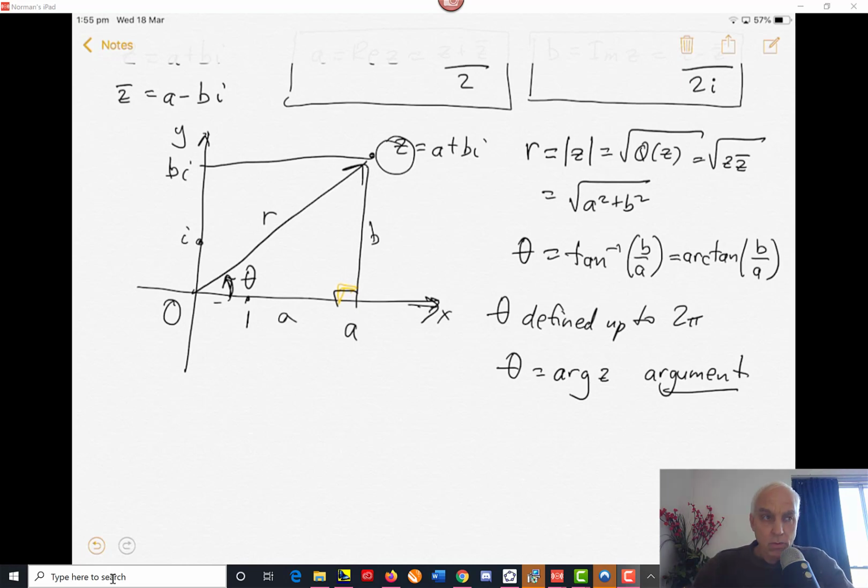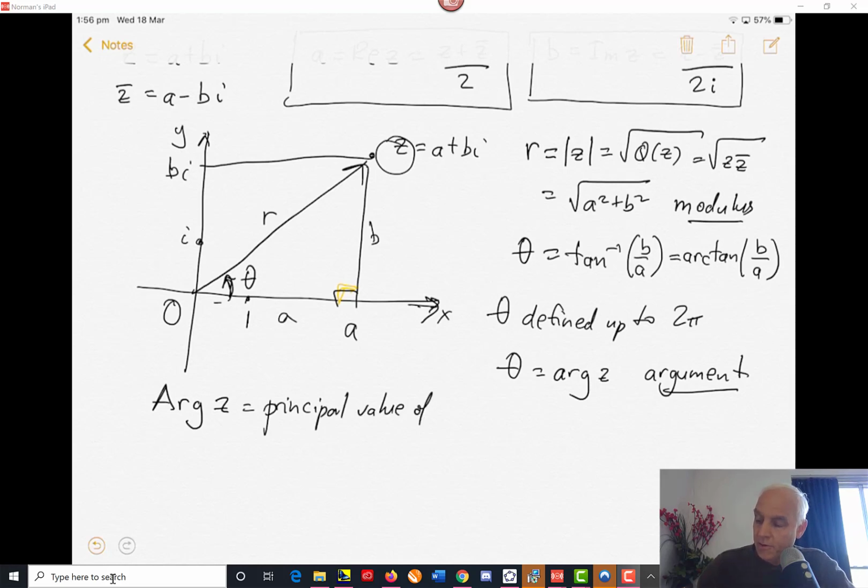Now, if we want a well-defined angle, we have to choose a certain range of values that we want our angle to be in. And we can do that by what's sometimes called the principal value of the argument. So capital A arg, the principal value of arg.